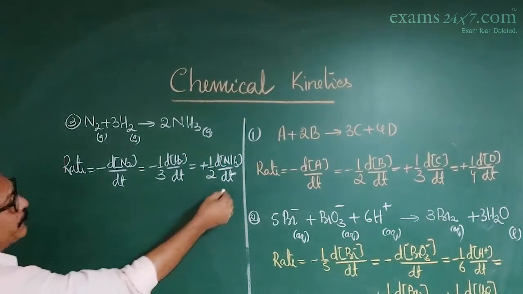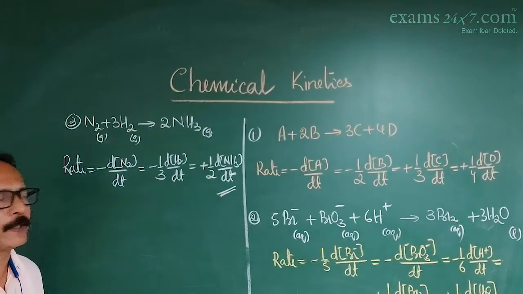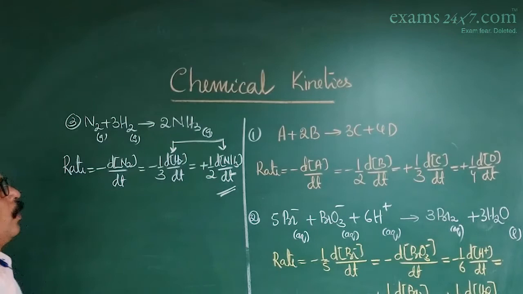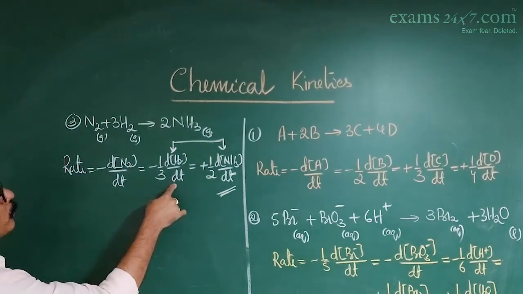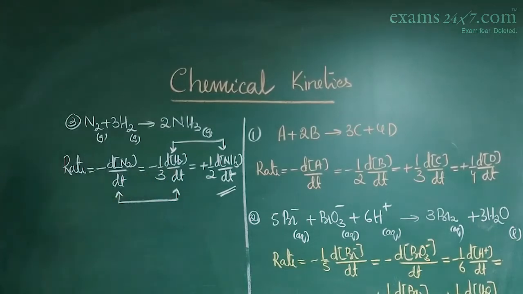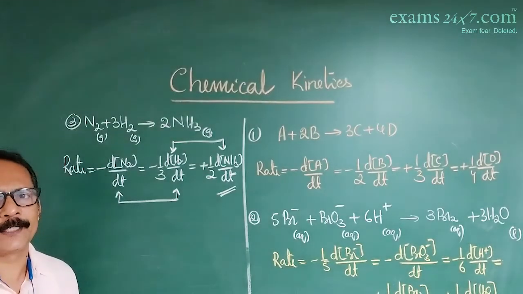If the rate with respect to ammonia is mentioned, we can calculate the rate with respect to hydrogen by comparing these two. Or if the rate with respect to hydrogen is given, to calculate the rate with respect to nitrogen, we can compare these two. So this is about the expression of rate.